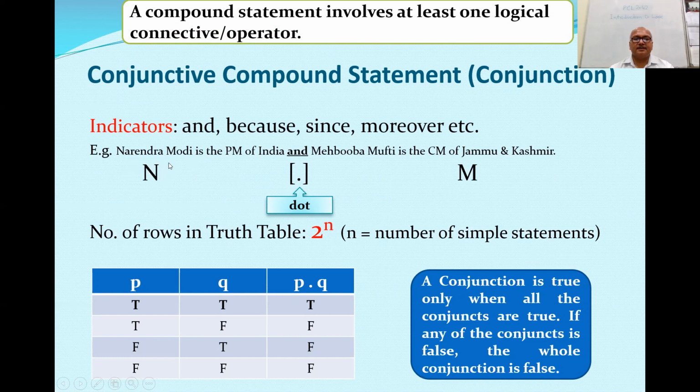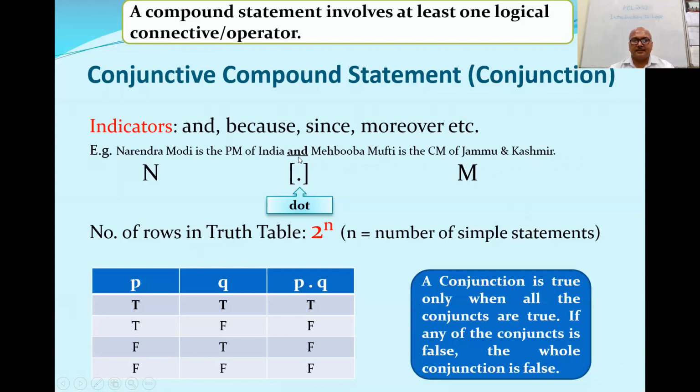So for the sake of convenience, and it is, as I said, arbitrary, you can choose any symbol, but remember always that you use that symbol to represent that particular statement for which it is chosen. So for the sake of convenience, I have taken the first letter of Narendra Modi, so N, and then Mehbooba Mufti, so M, for representing the whole simple statement.